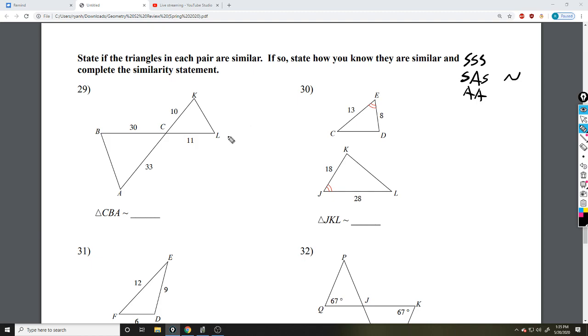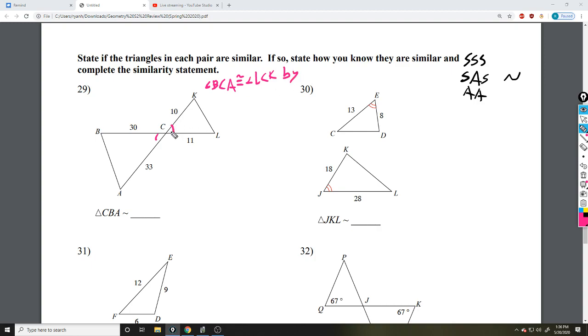And what we did was we figured out which one we were going to use. So for example, on this one we're going to use side, angle, side. All right. And we have angle BCA being congruent to angle LCK.